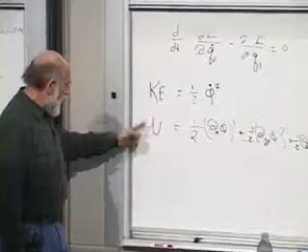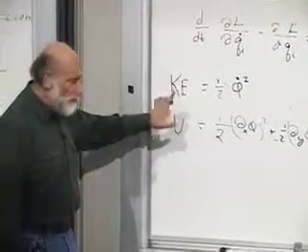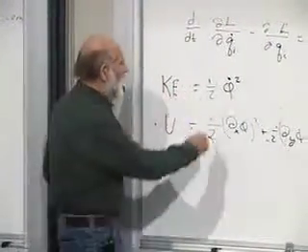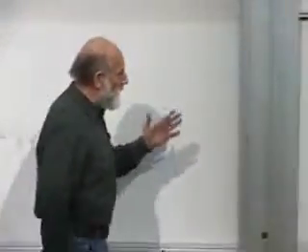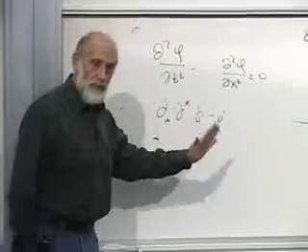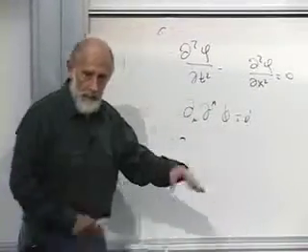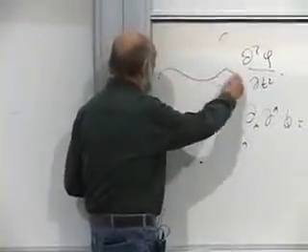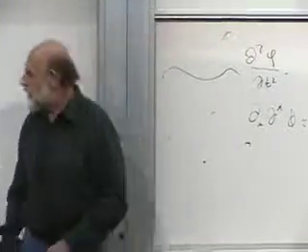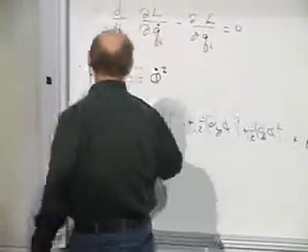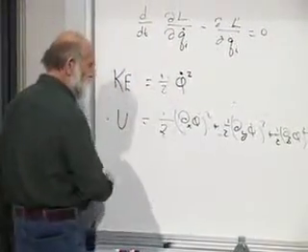Right? Actually, is this the kinetic energy? Not strictly speaking, the kinetic energy is the integral of this over space. It's the sum of all the kinetic energies of all the fields at all the positions in space. In the case of a string, the full kinetic energy is the sum of the kinetic energies of all the moving mass points. So strictly speaking, the kinetic energy is the integral of this.